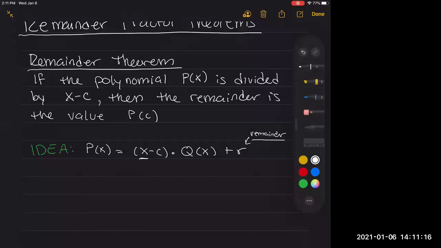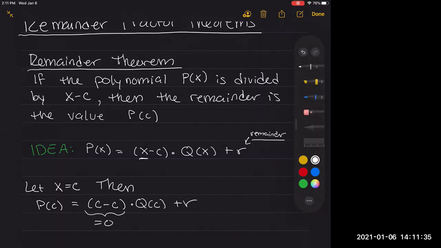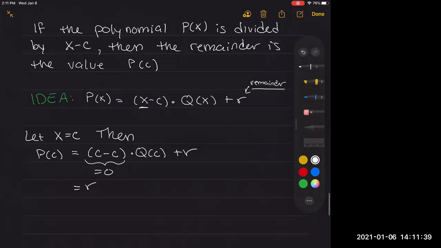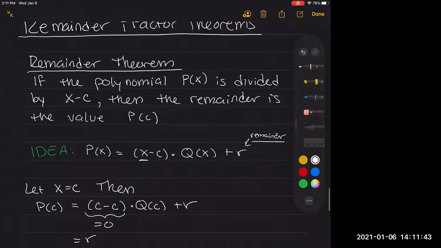So then we're going to let our x equal c, and then we're going to plug it in. So then P of c equals c minus c times our q of c plus r. But this here equals 0. So that means we just have that P of c equals r, which is what we wanted. So we proved this theorem up here. So we're done.